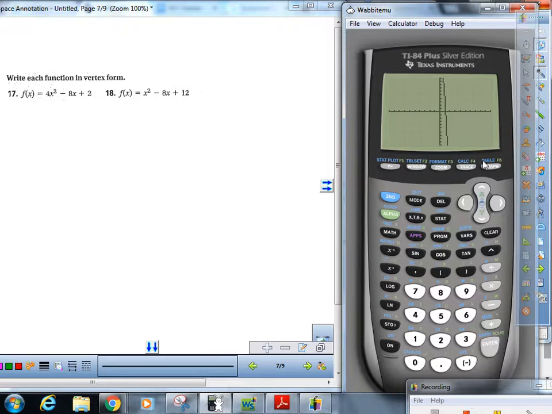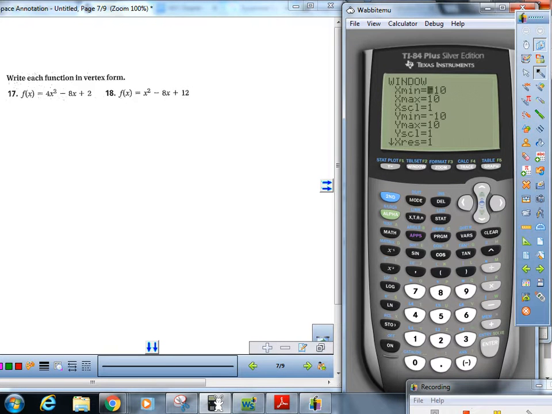Okay, so it's not in our window. It doesn't exactly matter, but if that made us mad, we would change our window to negative 40, positive 40. I'm just making these numbers up. Negative 40, positive 40.